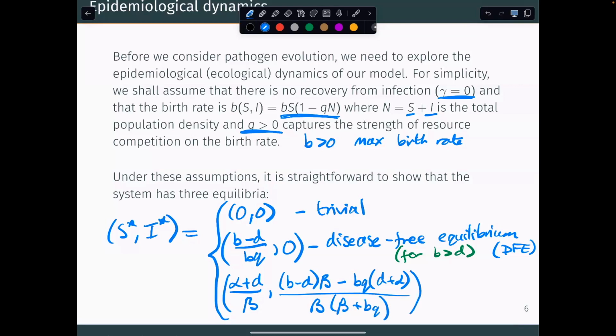Again, I'm including this so that you can check your working and practice doing this. This is known as our endemic equilibrium, or sometimes referred to as EE.